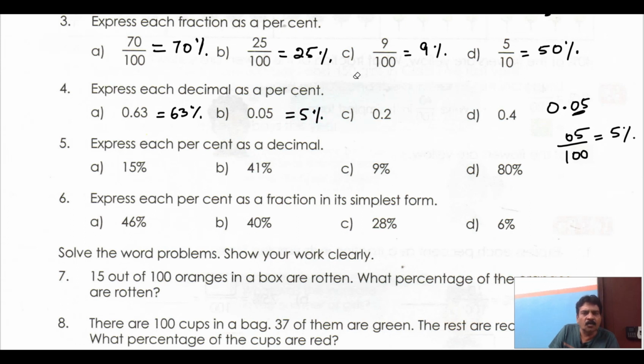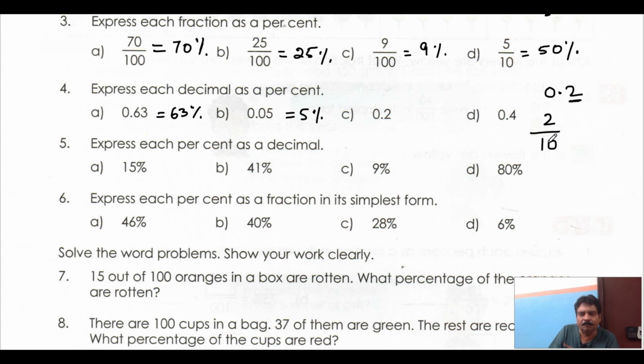Now let's go to question C. Here in question C you have 0.2. Check the position of the decimal. The decimal is before 1 digit, so you have to divide by 1 zero, that is 10. 2 by 10, you cannot find the percent, right?